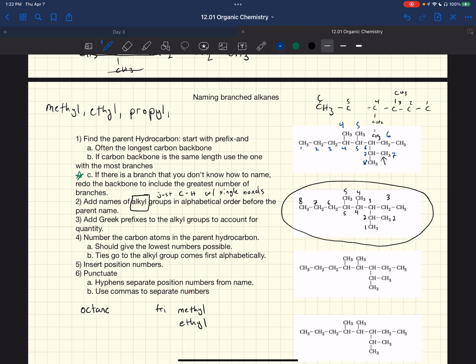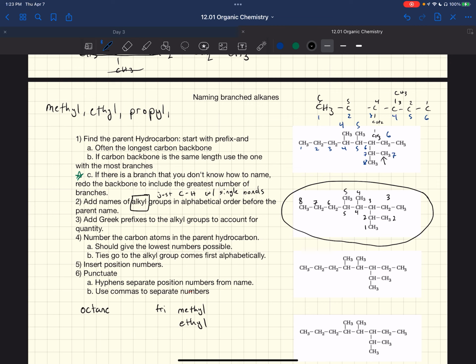No matter which way I number the backbone, 1, 2, 3, 4, 5, 6, or 1, 2, 3, 4, 5, 6, they both have the same numbering. In that case, if there's a tie, it goes to the alkyl group that comes first alphabetically. So let's go back to our main example here.